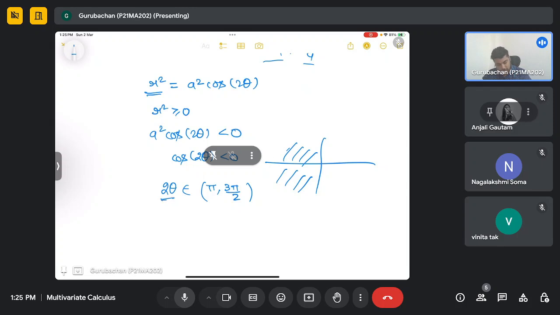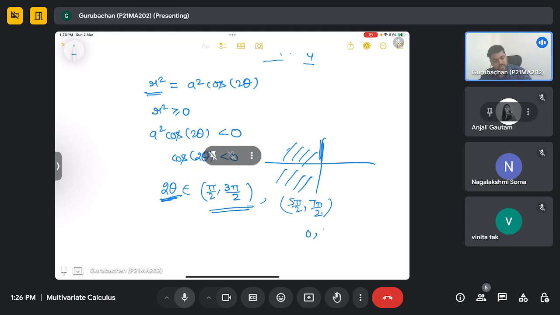And since it is 2 times theta, it is going to be half. So we have to consider the next round also, that is 3 pi by 2 to 5 pi by 2, and we can add also 5 pi by 2 to 7 pi by 2, because that is 2 theta.